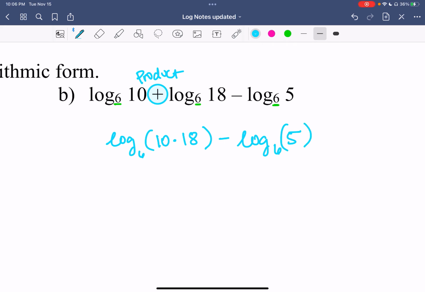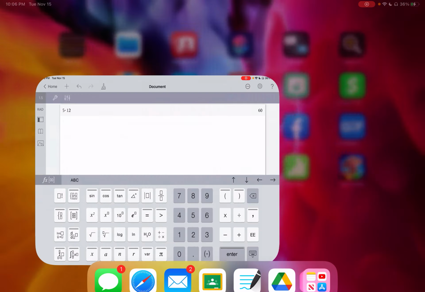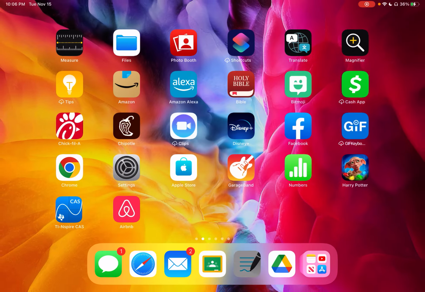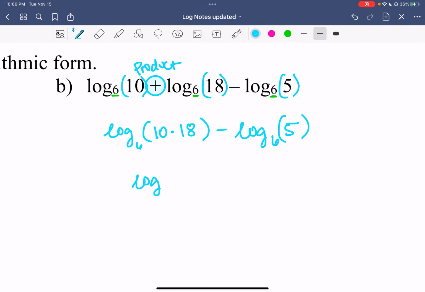For some of you, it might help to put your argument in parentheses so you don't get confused. So 10 times 18 is 180. So we'll come back here and do log base 6 of 180 minus log base 6 of 5.